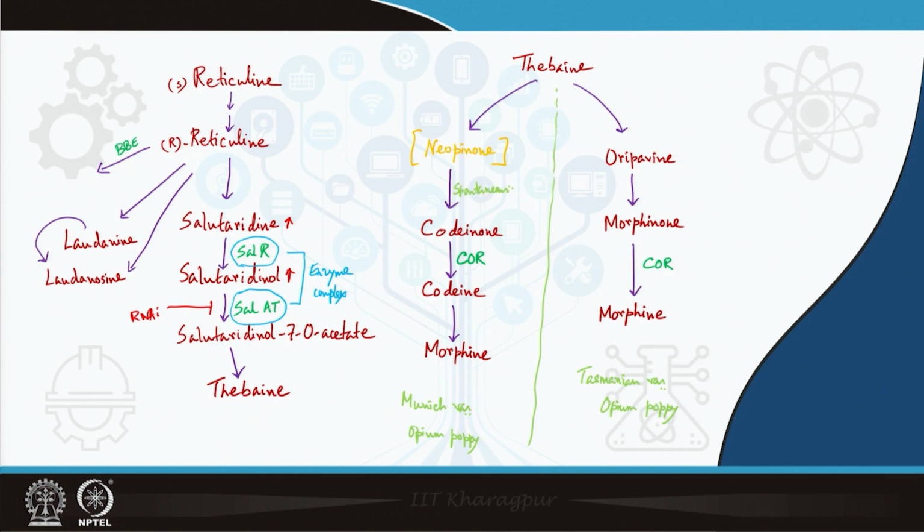Okay. Now, at this stage nothing much was known about the enzymatic reactions which convert codeine to morphine or oripavine to morphinone. So, based on the structures, scientists predicted that there are likely to be demethylase enzymes playing an important role.